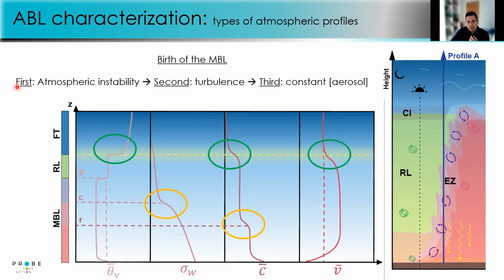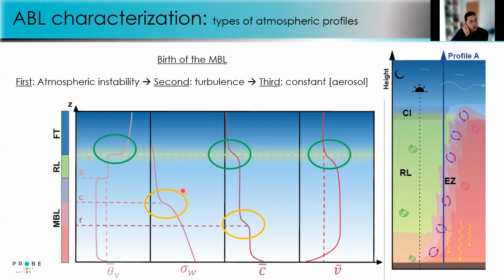This height is like a forecast: the maximum height that this parcel will reach. So we have this air parcel here, which rises up to here. So this is the potential maximum height that this air parcel can reach.